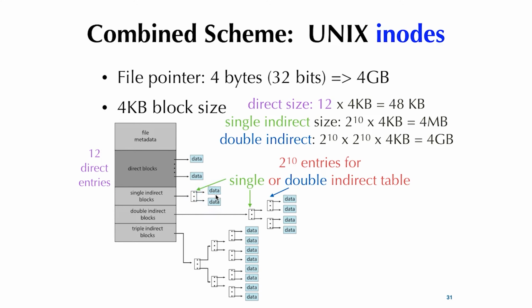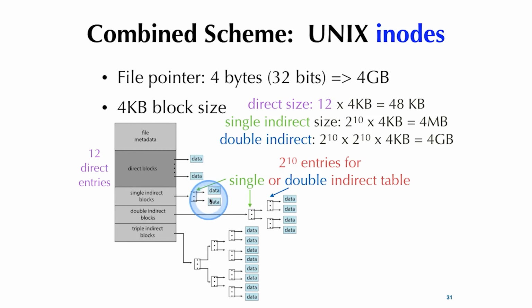So in addition to the direct entries, you can have more here. That allows you to have 48K plus an additional 4 megabytes of single indirect data, because it's 4K times 2 to the power of 10.